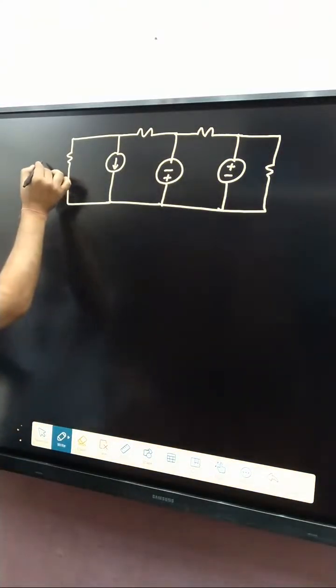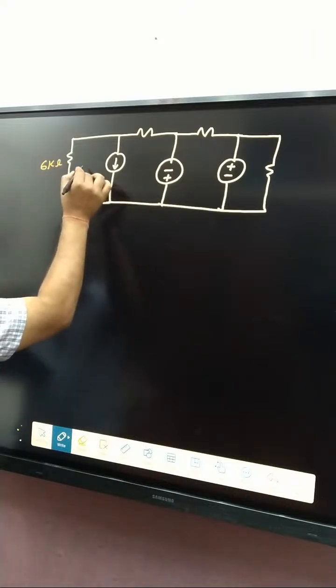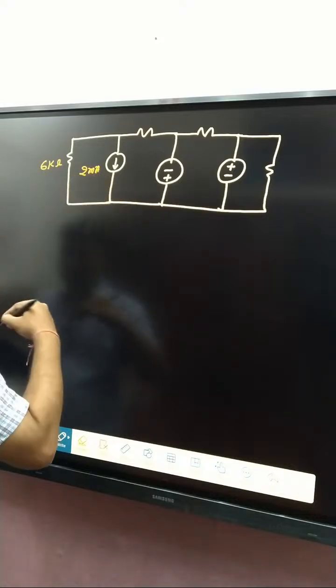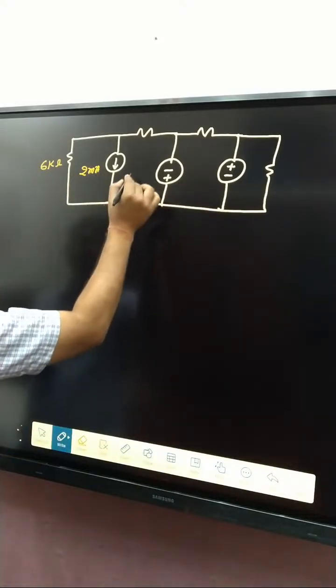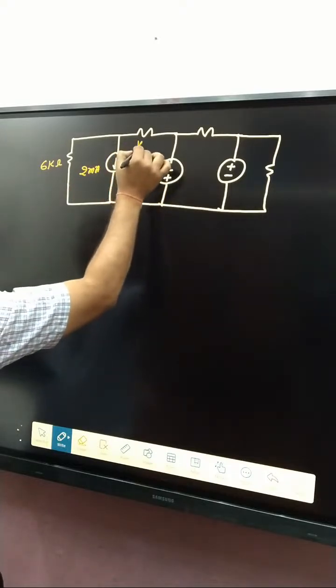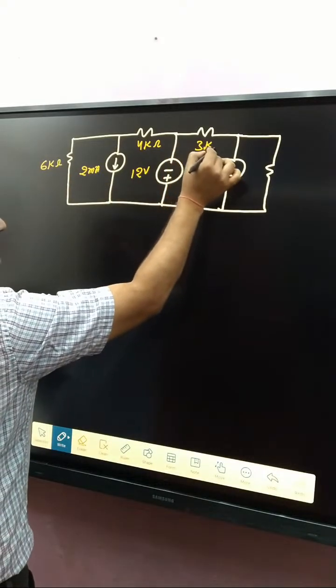Now that one is 6 kilo ohm, that one is 2 milliampere, that is minus plus, and that is how much? 12 volt. And that one is 4 kilo ohm, that one is 3 kilo ohm.